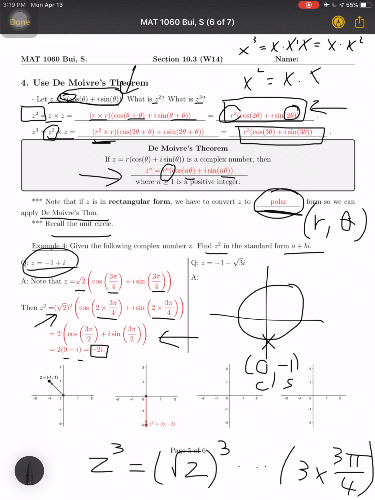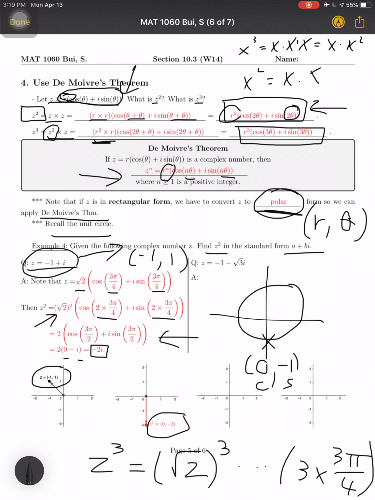Okay? And again, I would draw it out to make sense of it visually. So the first picture I would have you draw is the complex number z, and the second picture I want you to draw is z squared. The first picture, because it's in the form x plus yi, the coordinate will look like -1, 1.